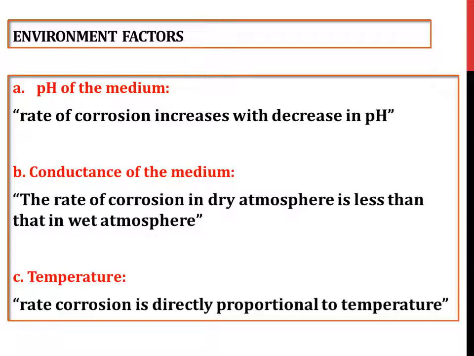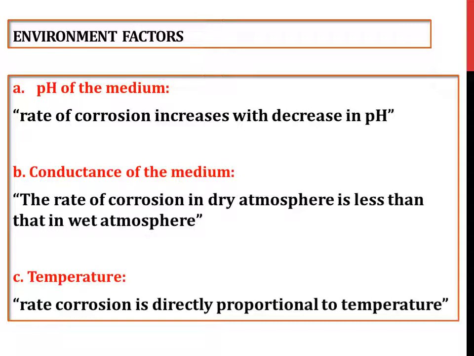At pH greater than 10, if you take the example of iron, what happens at higher pH? The corrosion of iron practically ceases, and the main reason for this is the formation of ferrous hydroxide. So it forms a protective coating of hydroxide of iron.